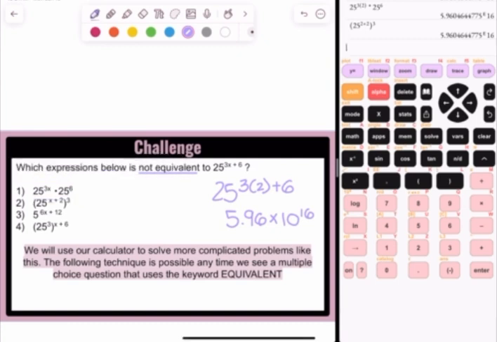Oh, remember, I'm looking for something that's not equivalent. So this and this is equivalent. Look, if I didn't check the next one and realize that they were both equal, I would have chosen the wrong answer choice. So I'm looking for which one doesn't get me that answer. That one also gets me the same answer. So I'm assuming the last one's not going to get us the answer. Let's see.